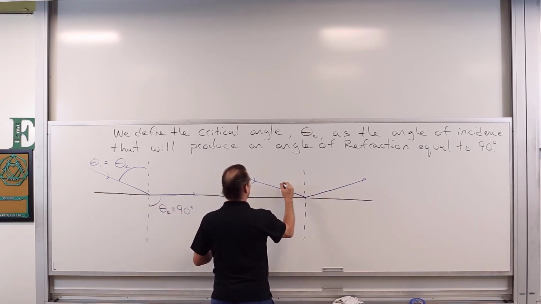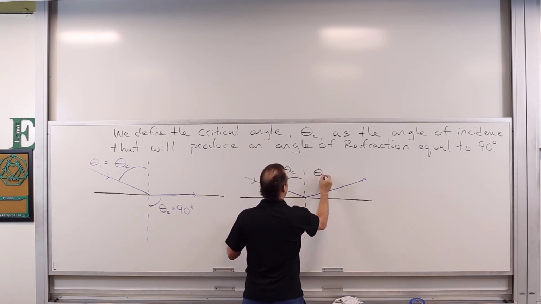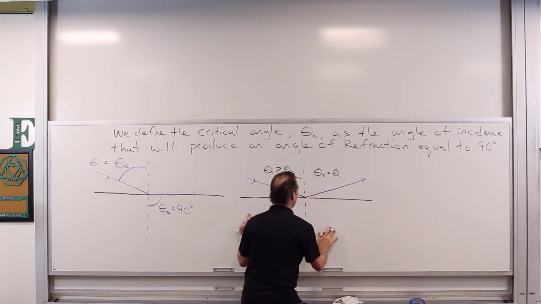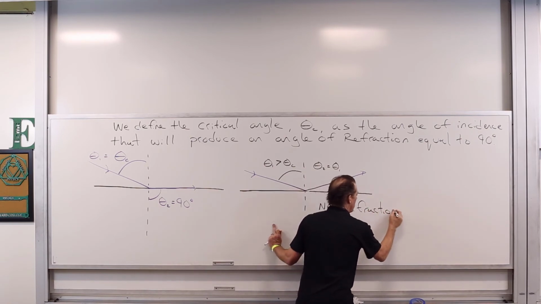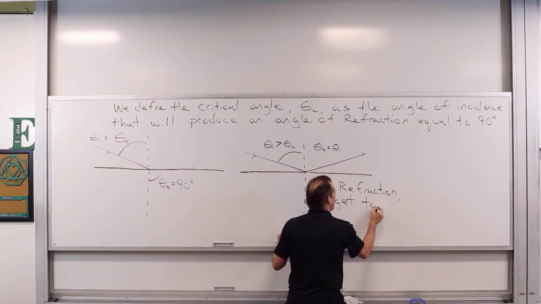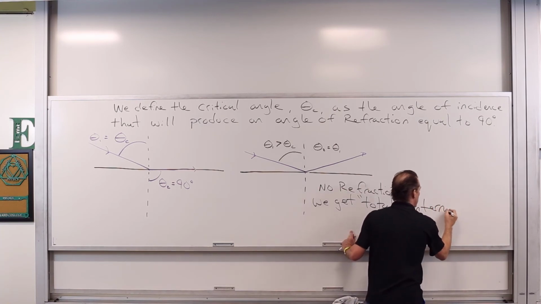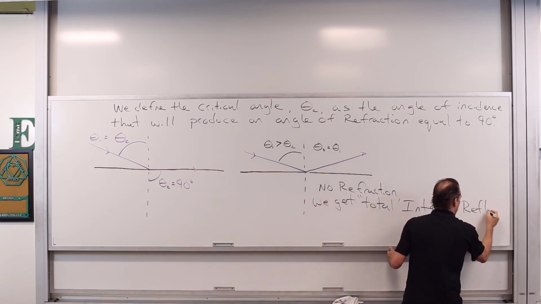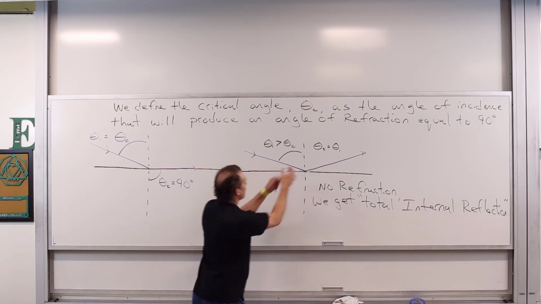We will have this: theta 1 greater than theta c, theta 2 is equal to theta 1. We get no refraction. We get total internal reflection. That's what this is called.